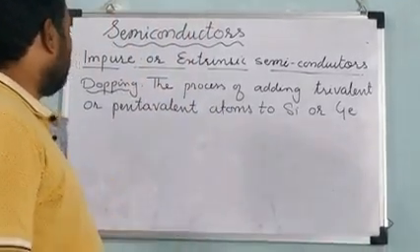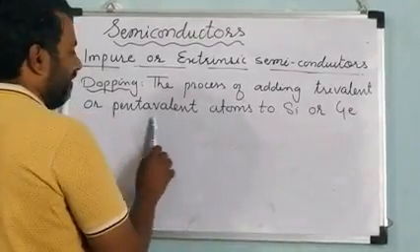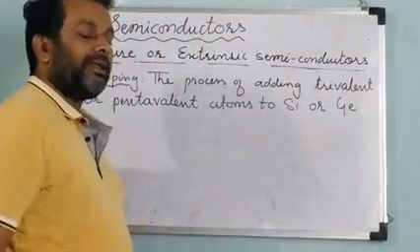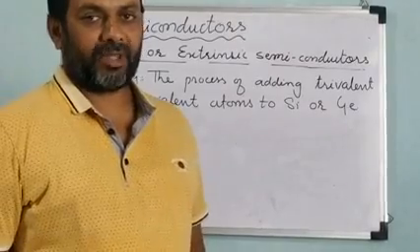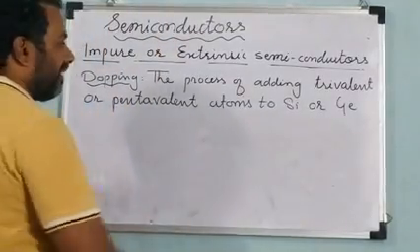This process of adding the trivalent or pentavalent atom or impurity to a silicon or germanium crystal is called doping.